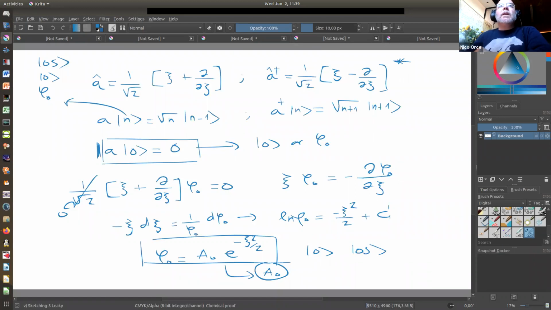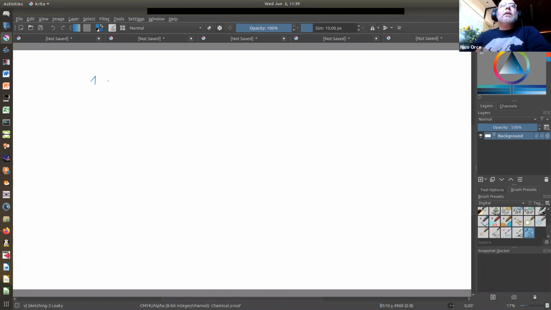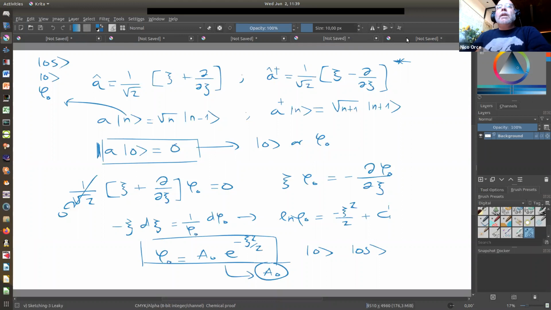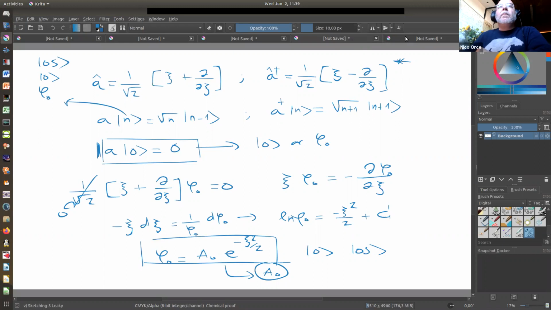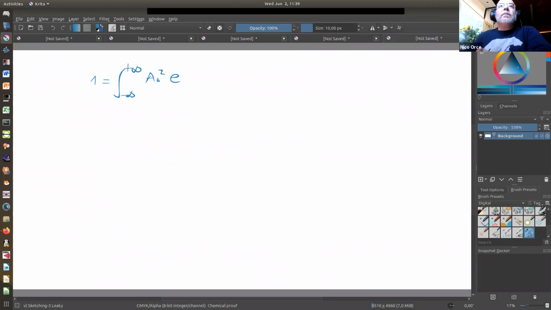We know that we're going to normalize between minus infinity and plus infinity, and it is going to be equal to a naught square, because we are multiplying the two wave functions, times the integral of e to the minus psi square d psi.